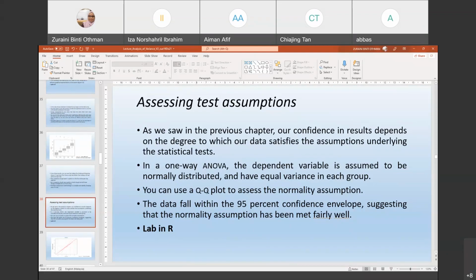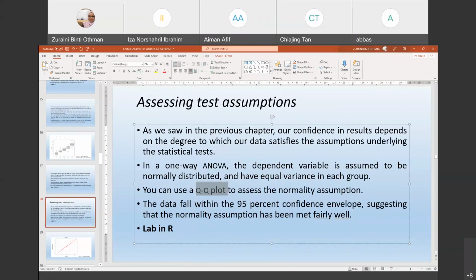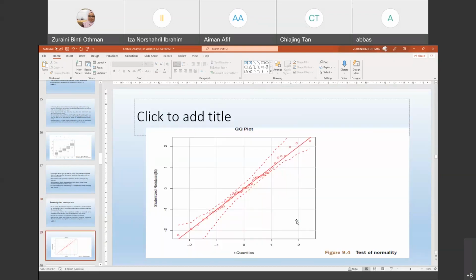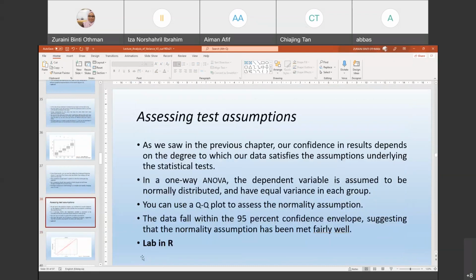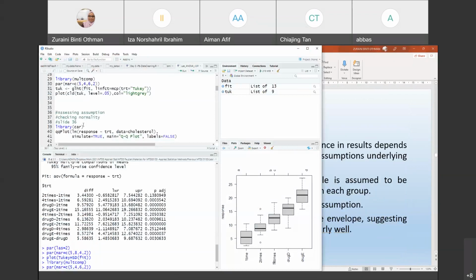This is another plot, the QQ plot, to assess the normality assumption. If the data fall within the 95% confidence envelope, it suggests that the normality assumption has been met fairly well. We can see that here if we plot it using R; this is where we check the normality.